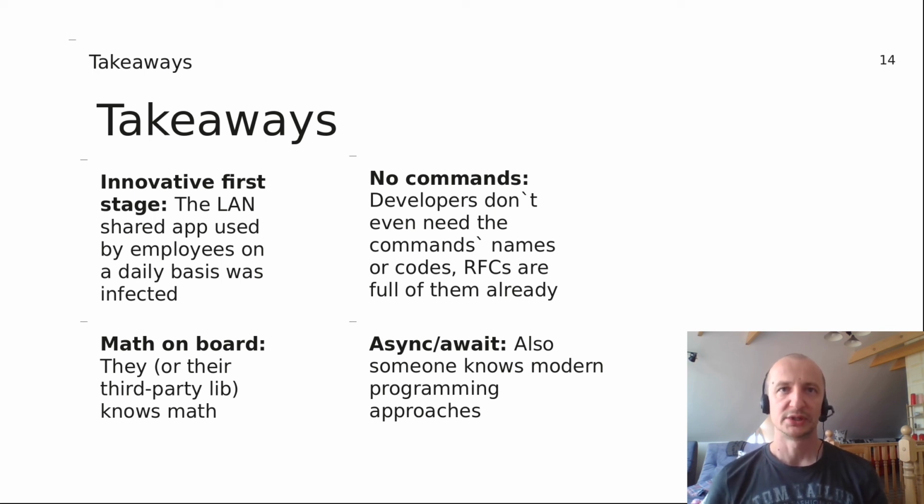And they lead us to the Trojan, which uses no commands, because HTTP statuses serve as commands. Some mess on board, I like the exponential growth of the timeouts, and also you see some asynchronous handling of the commands. For me, it looks like a modern technique for proper software development.